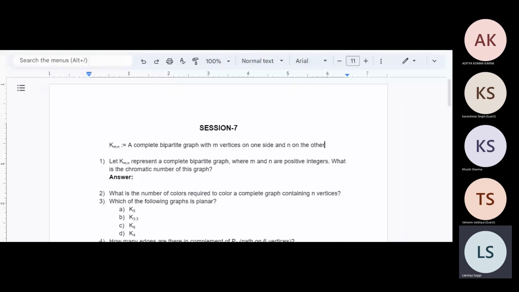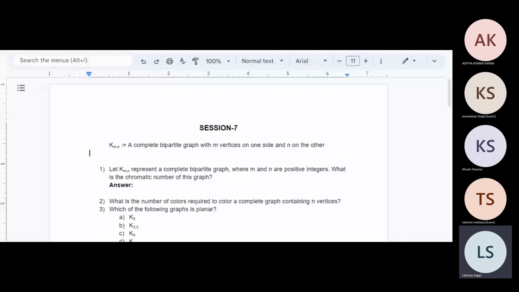So this is K_{m,n}, and similarly, this notation I covered in the last session also, but I'll just write it down again. K_n means complete graph on n vertices. Note that K_{m,n} means a complete bipartite graph, a bipartition of vertices with m vertices on one side and n on the other. Whereas K_n means you just have n vertices and you join every possible pair with an edge.